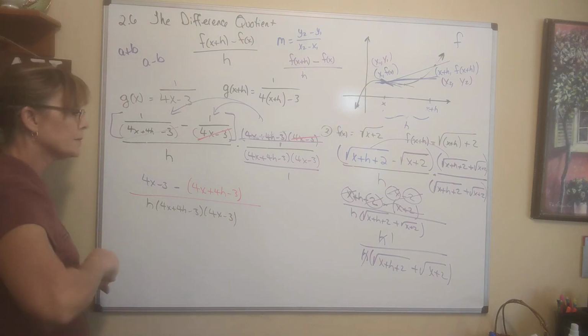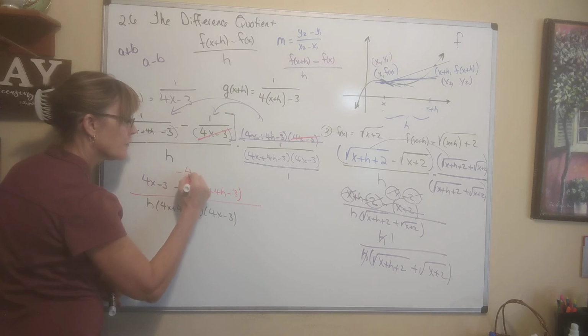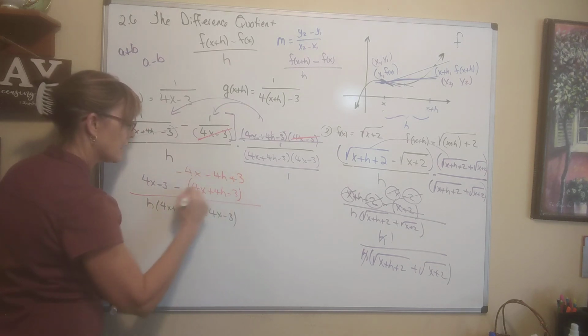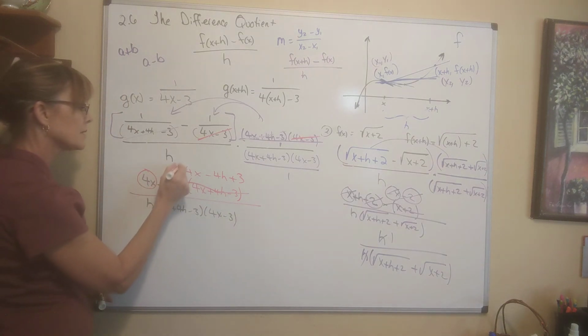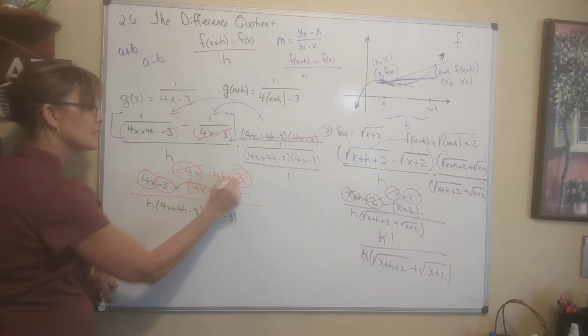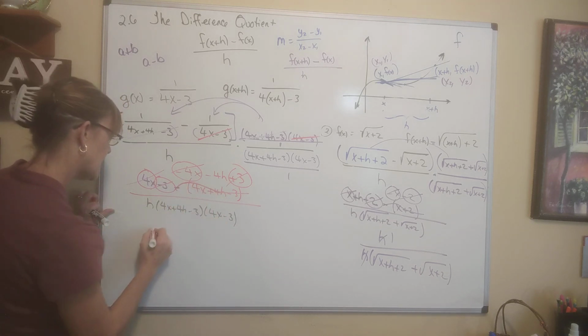Let's see what we can do up top. Let's distribute that negative 1. So this becomes minus 4x minus 4h plus 3. Let's collect like terms. 4x minus 4x sums to 0. 3 minus 3 sums to 0. Everything we have left in the numerator has an h in it, so that's good news.